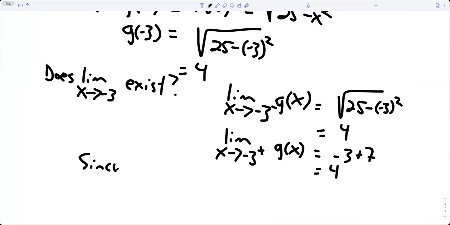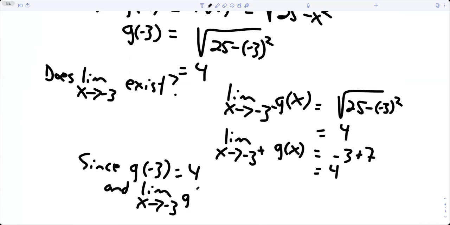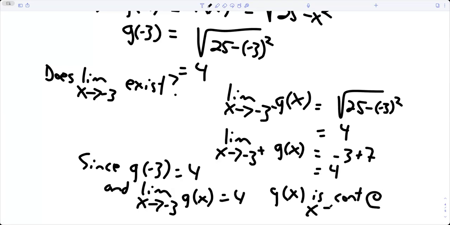So since G of -3 equals 4, and the limit as x approaches -3 of G of x also equals 4, G of x is continuous at x equals -3. Questions for me?